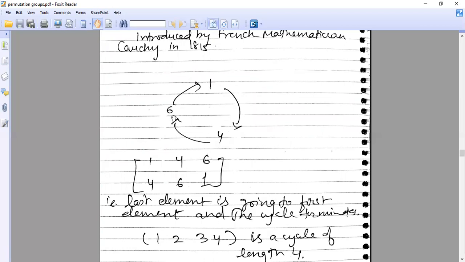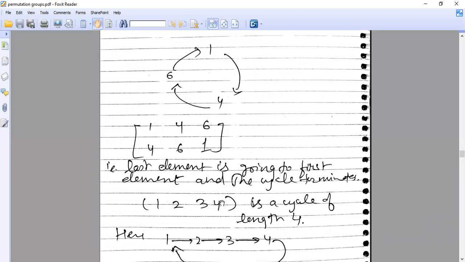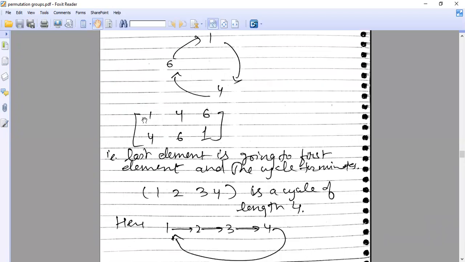So this cycle is repeating. This is the cyclic representation of a permutation. In the array form, you will write it like this: 1 to 4, 4 to 6, 6 to 1. In a cyclic representation, you will write it as (1 4 6).